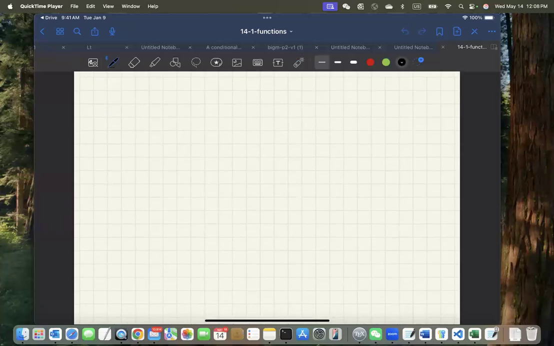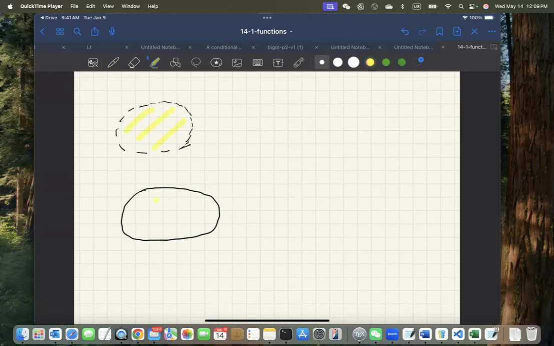One is a region bounded by a dashed line. Or another region, similar, but bounded by a solid line. By a dashed line, we mean those boundary points do not belong to the set.